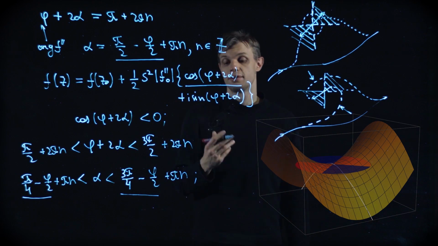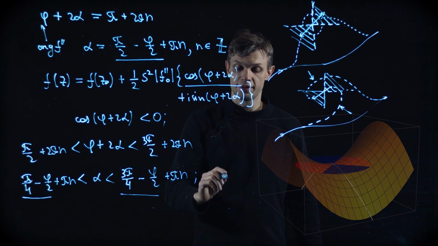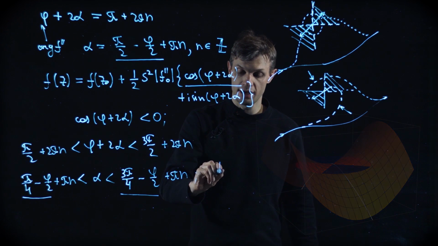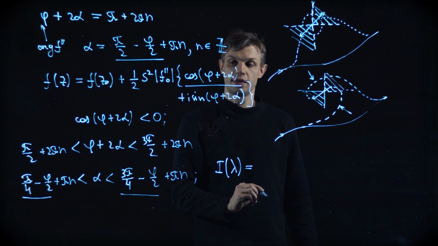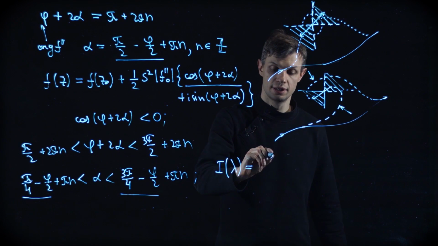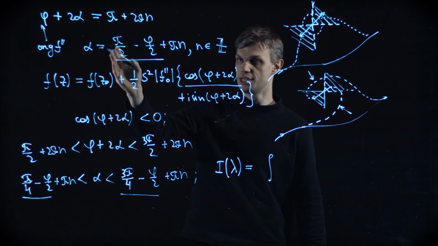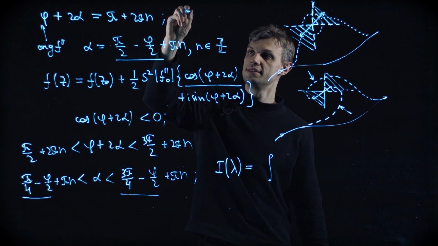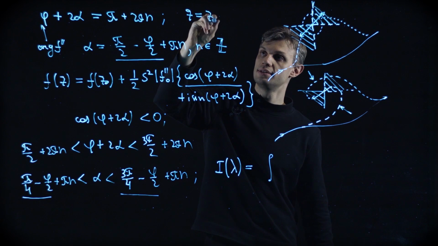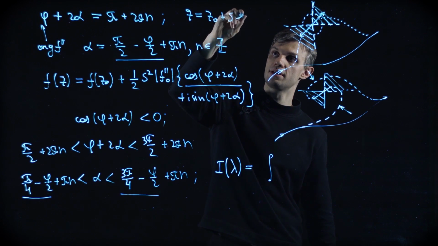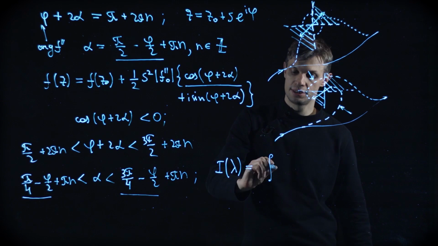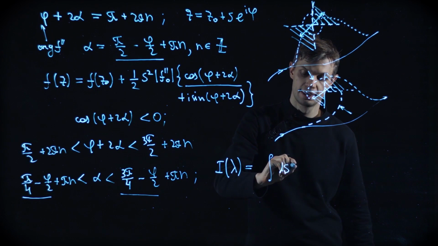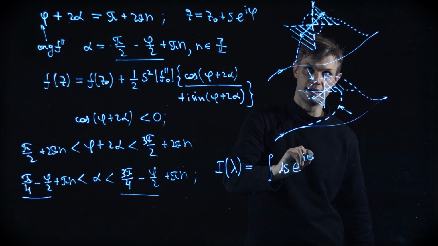And finally, we are ready to write down the answer for our estimate. So I of lambda now is equal to the integral. So we made this parameterization. Now z, as you remember, is equal to z naught plus s e to I phi. So dz is equal to ds times e to I phi.